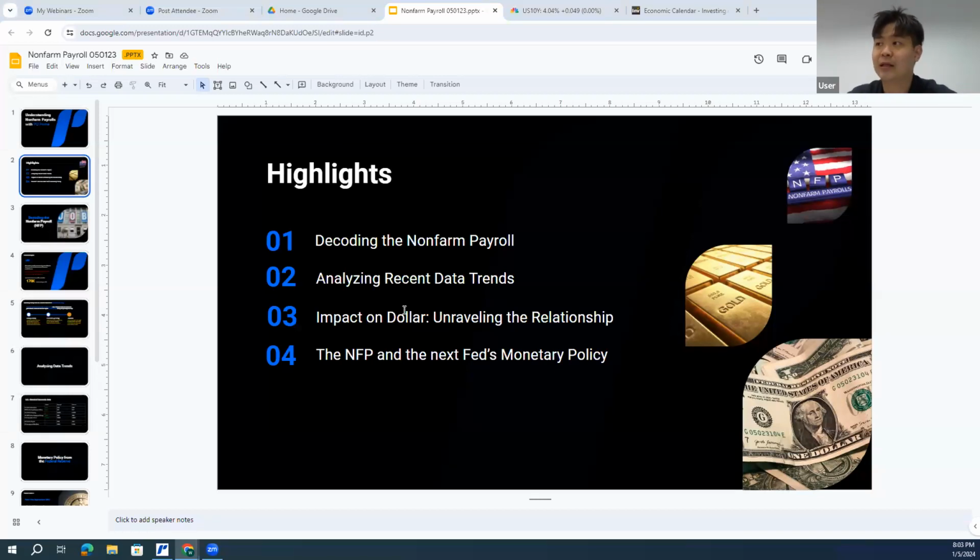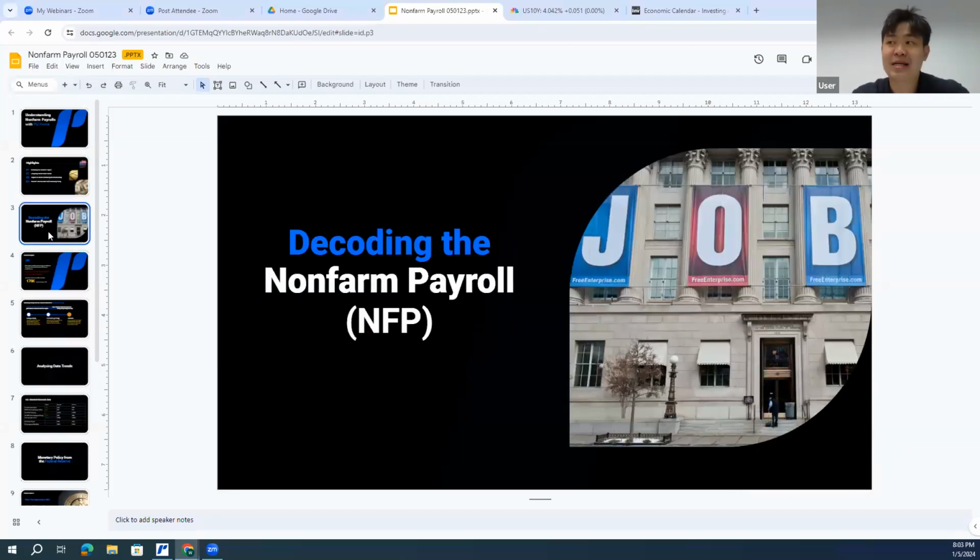How will it affect the trends for the dollar, and how will it affect the trends for the gold also? For NFP traders, I think a lot of traders are quite interested in the gold market. Later, we will also do a very small analysis, especially technical analysis, on the gold market. And then after the NFP, what do we need to focus on in future? These are the key highlights that we are going to discuss today.